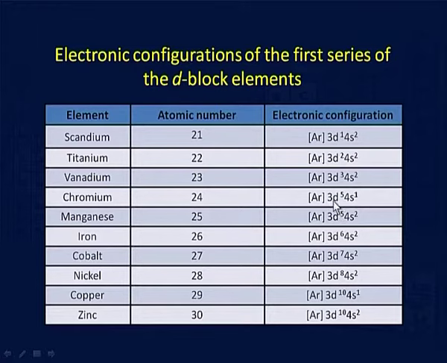But stop, there is an anomaly. The anomaly is at chromium and at copper. If you look at the electronic configuration of these elements, you will find that chromium should have 3d4 4s2, instead it has 3d5 4s1, and copper should have 3d9 4s2, instead it has 3d10 4s1.